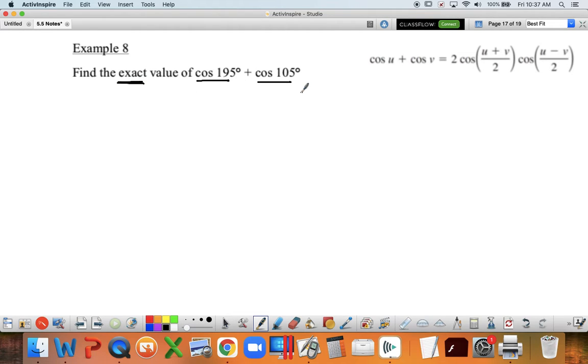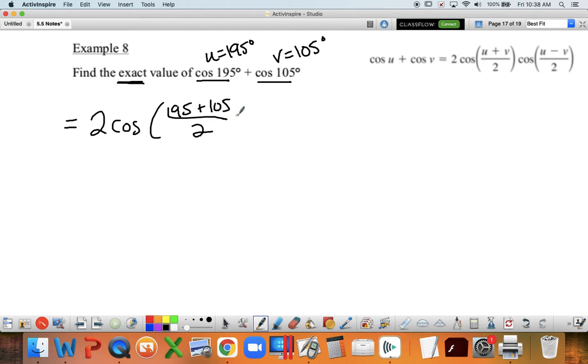So I'm going to go ahead and hope that when I go through this process, I get angles that end up being on my unit circle. So my u value is 195 degrees, my v value is 105 degrees, and I'm going to plug them into this equation. So I get 2 cosine of (195 plus 105) divided by 2 times the cosine of (195 minus 105) divided by 2.